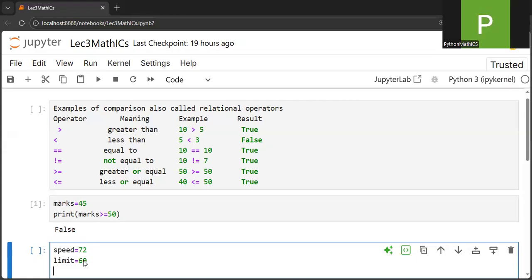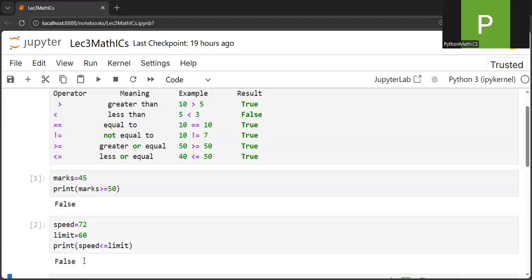So we check: print is speed less than or equal to limit, because it must be less than or equal to the limit so that you are not fined, you understand, otherwise you are fined for overspeeding. So let's check. We see now the speed is not within the limits.